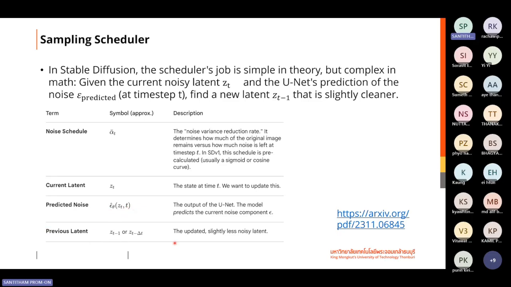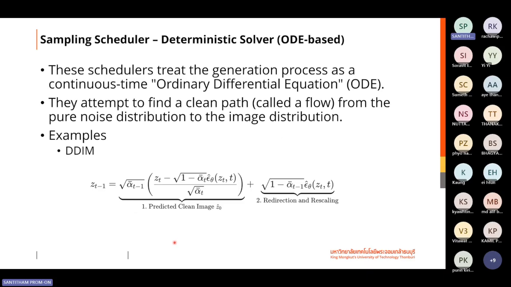Okay. So for the deterministic solver like the DDIM, right, we get zt minus 1 here from zt minus the predicted noise. Okay. This is the predicted clean image, the first part. This is the prediction of z0 or x0 from earlier. And the noise part changes the direction of the noise.